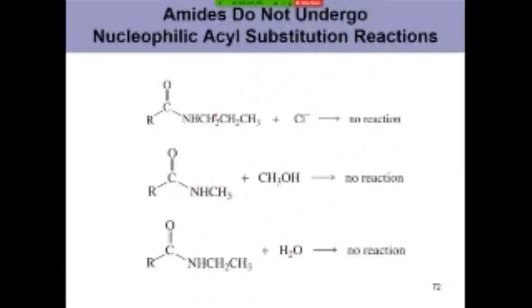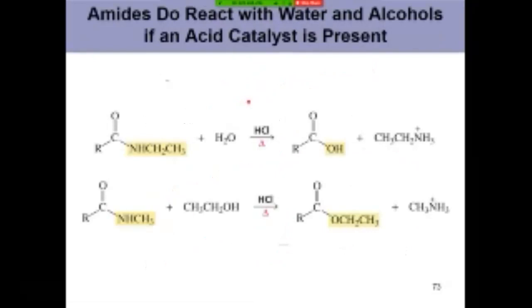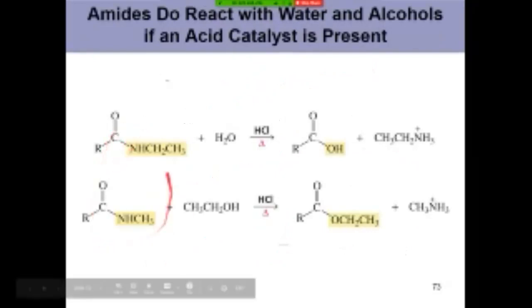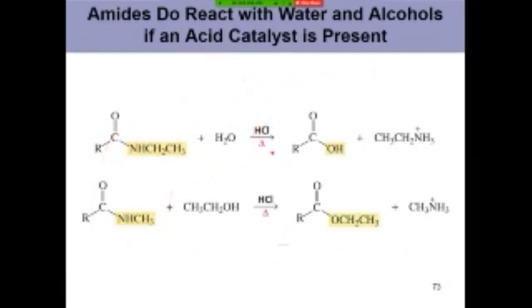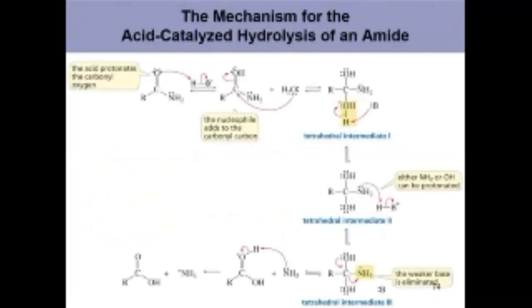So a reaction of an amide is possible, but we need harsher conditions to get these things to work. Here I've got an amide as my starting material, and I not only need an acid catalyst, I need heat as well. You have to have both heat and an acid catalyst to get these to work. But if you have those conditions, then our mechanism is the exact same as the acid-catalyzed hydrolysis of an ester.